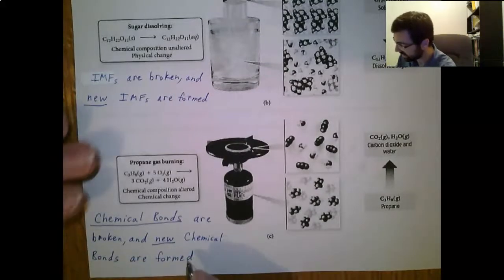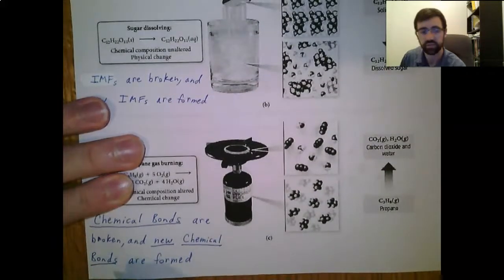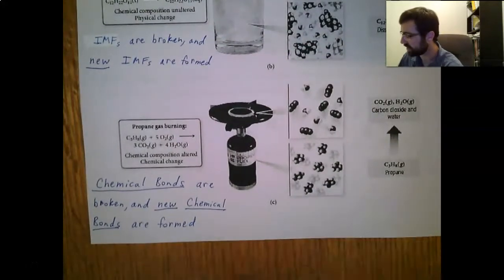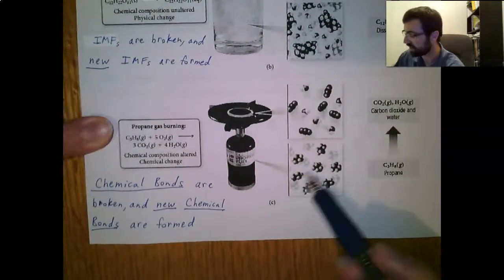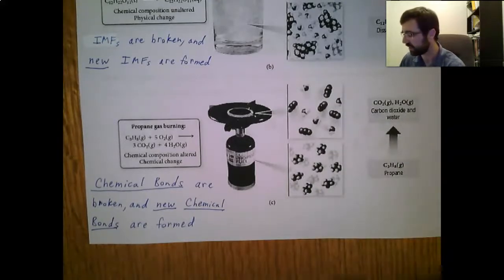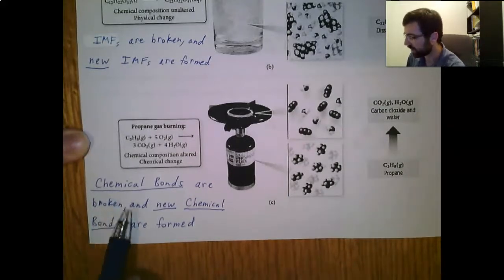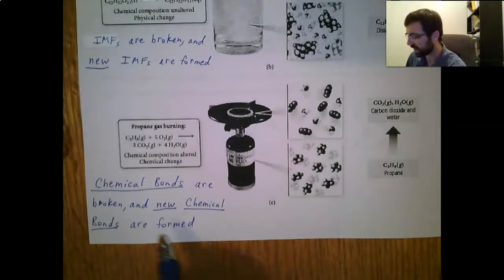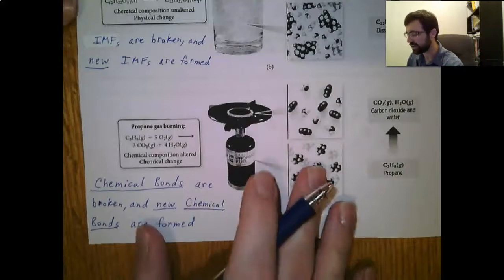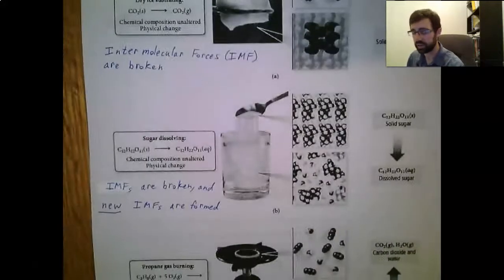So there's definitely a difference between a physical and chemical reaction, and this is one of the ways it's different. You can see that the molecules we started with look different than the molecules we end with. They're rearranged, so you can visually see that they're different. Not only the state of matter changes, but their properties are totally different. And then also, we know that the chemical bonds are being broken and reformed, a different chemical bond being formed, not just intermolecular forces.